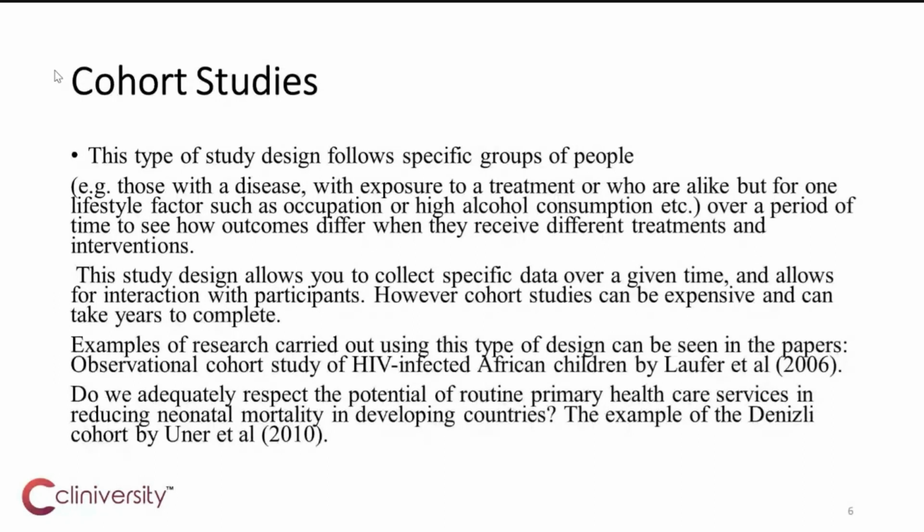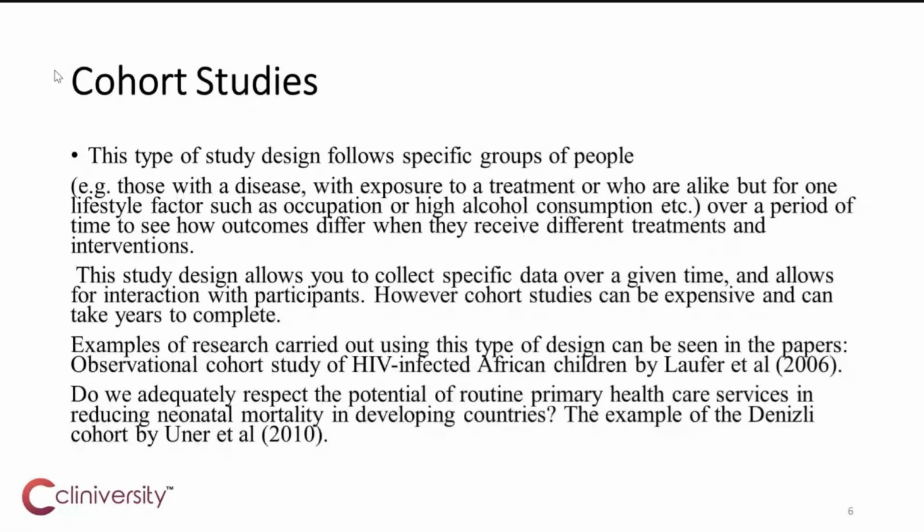For example, there are some examples of people who have done a cohort study and got beautiful answers. In 2006, an observational cohort study was done on HIV infected African children by a scientist called Lawfer and his team. They selected people in Africa who had HIV infection and did an observational cohort study.